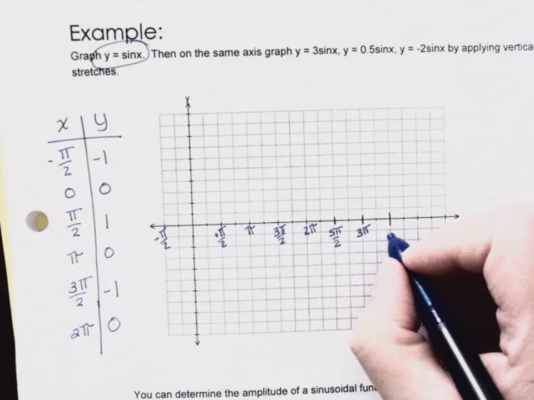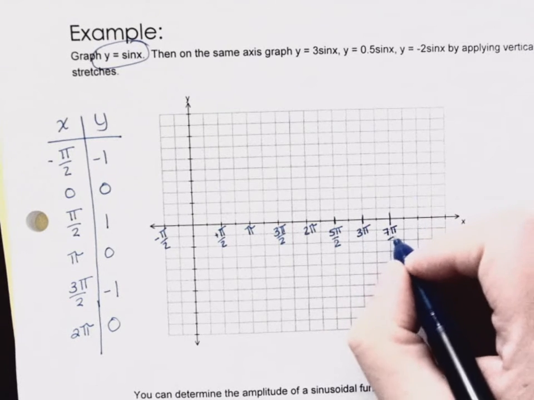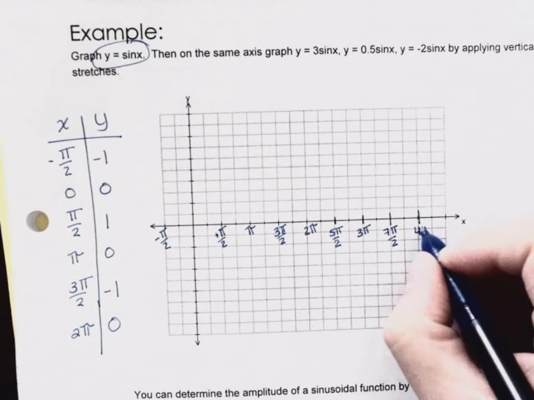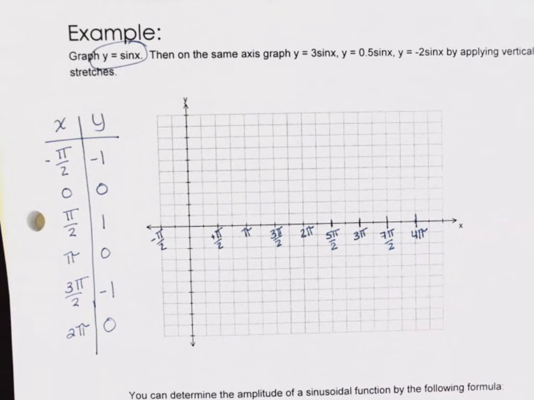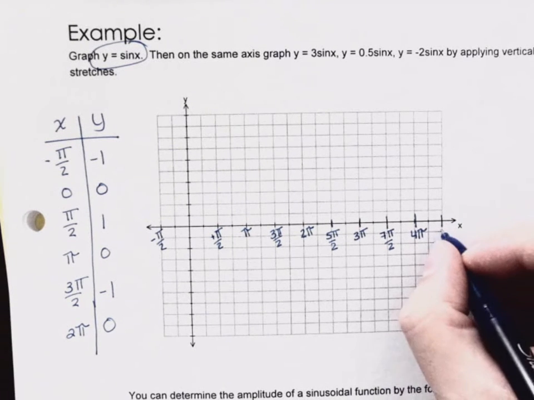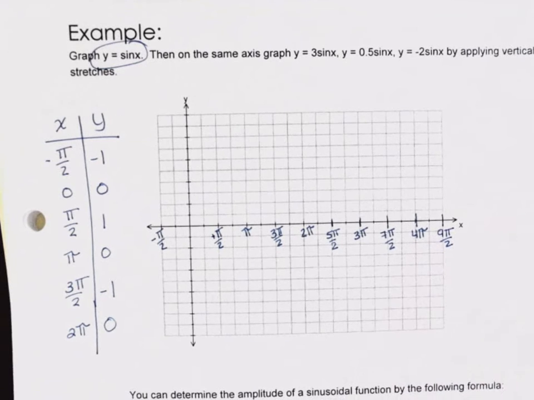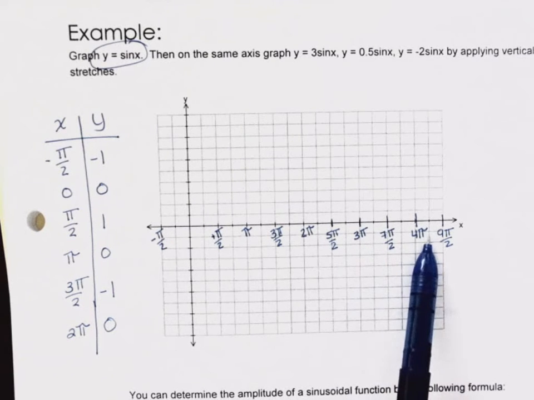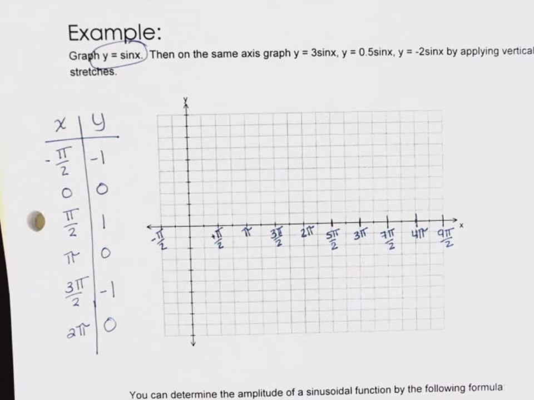Then 7 pi over 2, then 4 pi or 8 pi over 2, and one more just for funsies, 9 pi over 2. So it's switching back and forth between fractions and whole numbers. If that messes you up, then just do it in the fractions, as 6 pi over 2, 8 pi over 2.